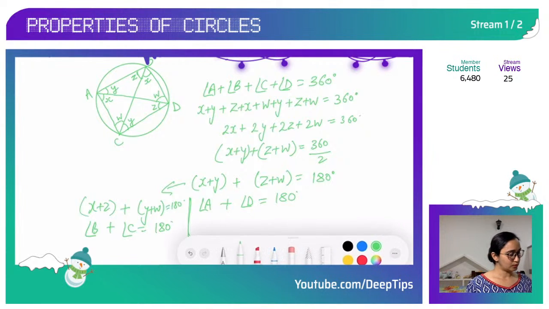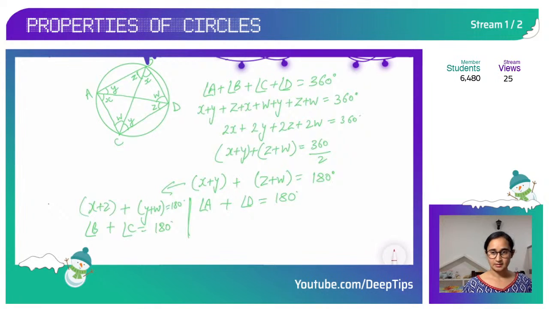Now I want to do a little extension in this theorem, which is also a part of the ICSE syllabus. If I extend this side CD and mark a point E here, I can draw one angle here, BDE.